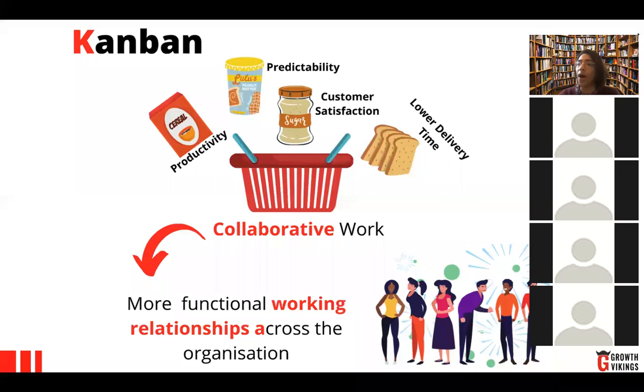Now, what is the promise that Kanban has for those that are approaching or exploring it? Well, the promise or its value proposition is, through Kanban, you can improve productivity, predictability, customer satisfaction, reduce your delivery times, which at the end generates more collaborative work and more functional working relationships across the organization.